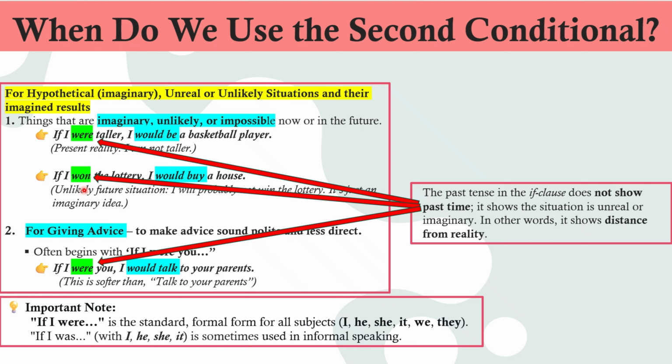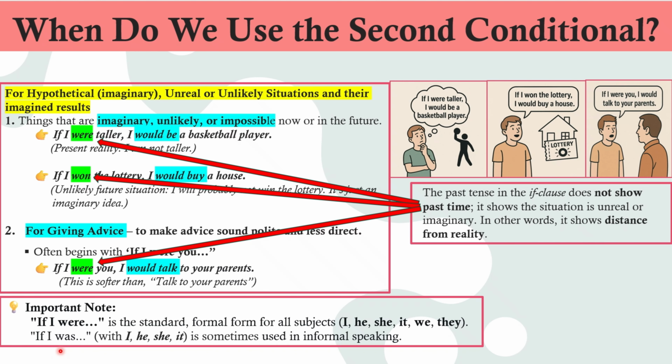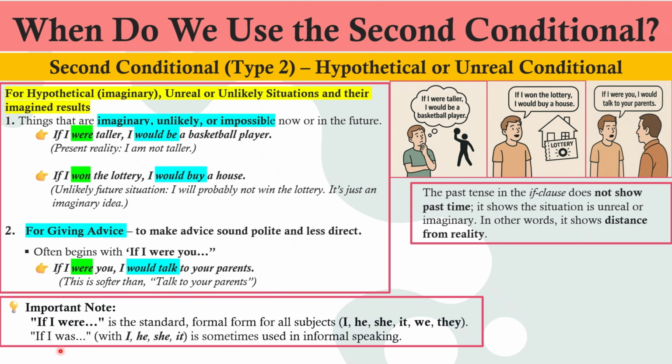It shows that the situation is unreal or imaginary, creating distance from reality. Finally, second conditional sentences, also known as type 2, are often called hypothetical or unreal conditionals in the present or future because they describe situations that are contrary to fact.